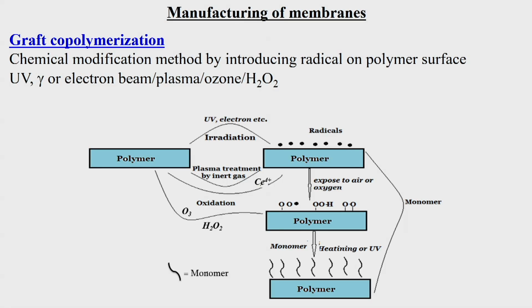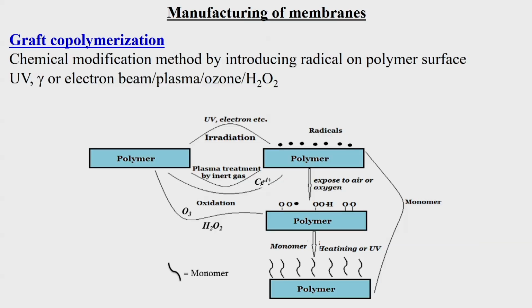Another method of manufacturing polymeric membrane uses the graft copolymerization process. This is for a specific application of the polymeric membrane, and it is done as a chemical modification method by introducing radicals on the polymer surface. UV, gamma or electron beam, plasma, ozone or hydrogen peroxide are used for the grafting.